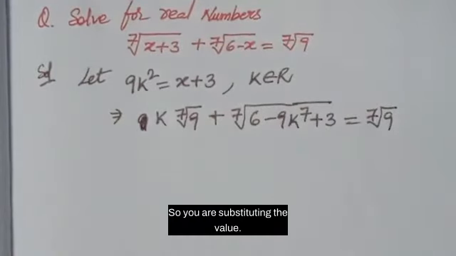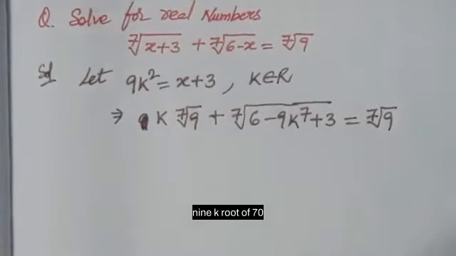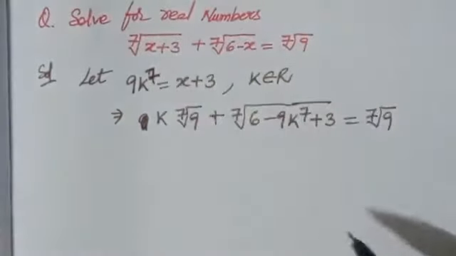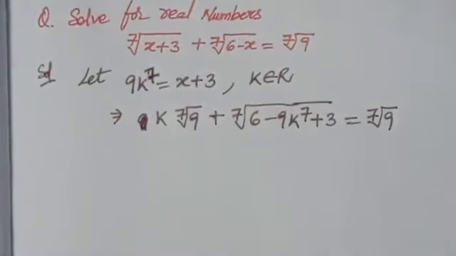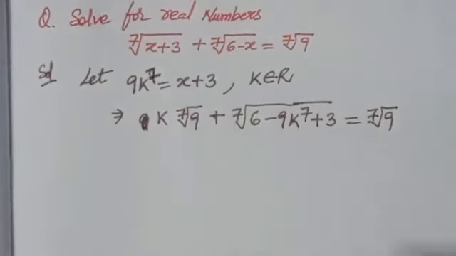So we are substituting the value. So x plus 3 is equal to 9k to the power of 7, that is, 9k to the power of 7 is equal to x plus 3.